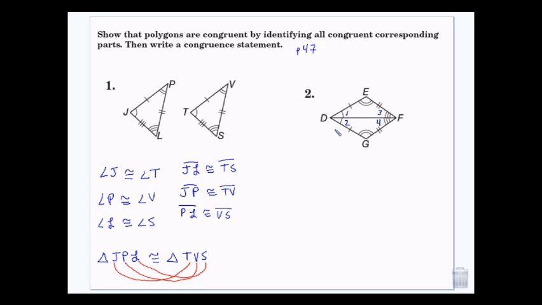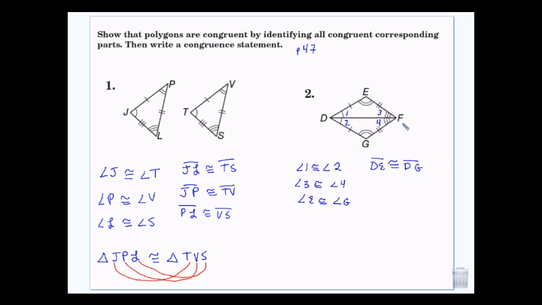Makes it easier, right? Okay, so I'm going to say angle 1 is congruent to which angle? Angle 3. And angle E is congruent to angle G. Side DE is congruent to DG.